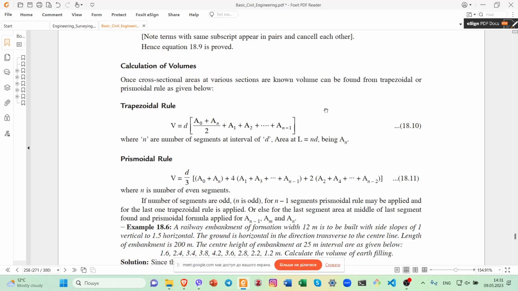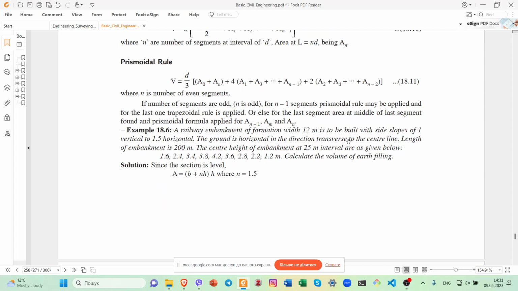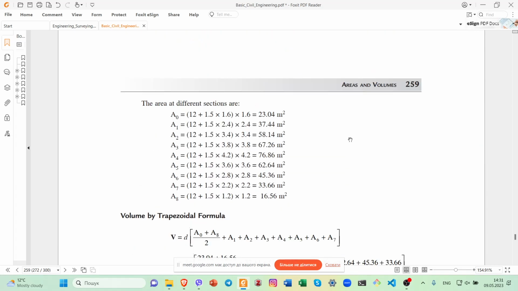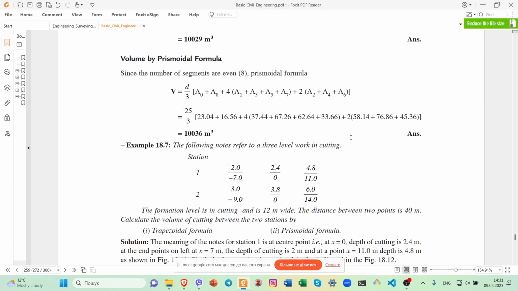We just need the cross-sectional areas at various sections, and the unknown volume can be found from the trapezoidal or prismoidal rule as given below, where n is the number of segments at interval of d. And here you can see examples of how to calculate volume.